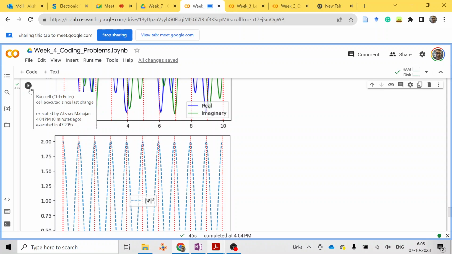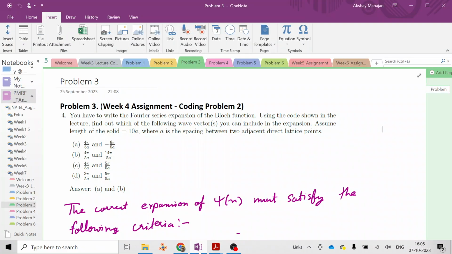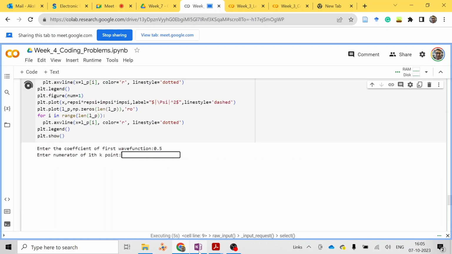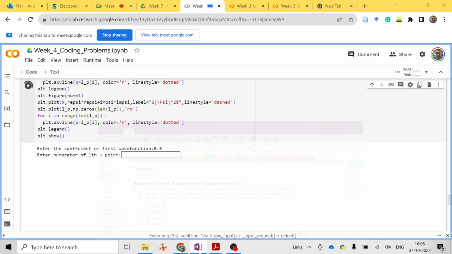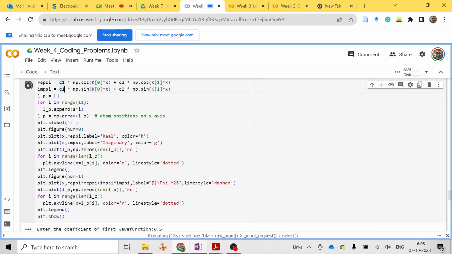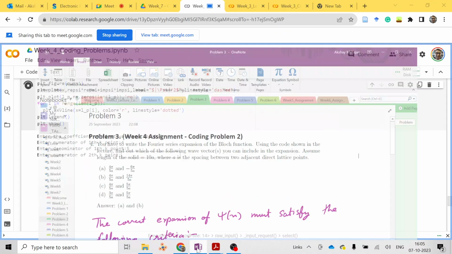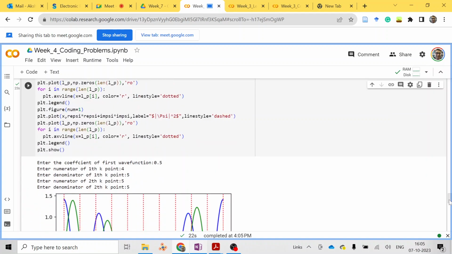Let's go to our C option. Again just put 0.5 here. For C option, our points are 4 pi upon 5a and 5 pi upon 5a. So 4, 5, and 5, 5. Just put the values in and see what happens.